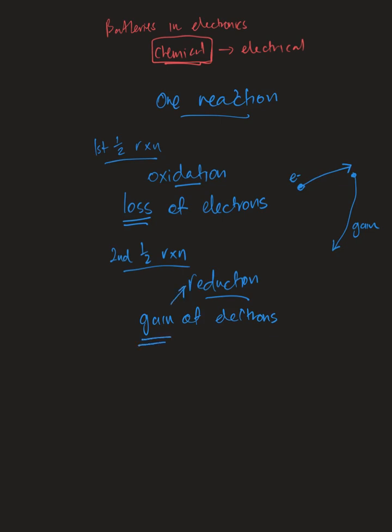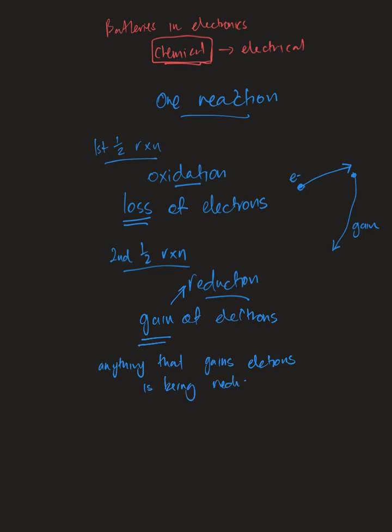So that sounds a little bit off, because if something's gaining, how do we say that it's being reduced? So what we say is that anything that gains electrons is being reduced.